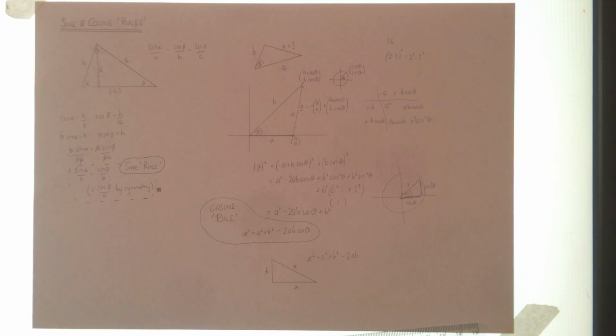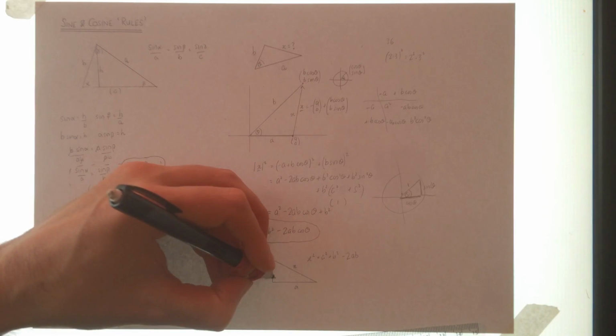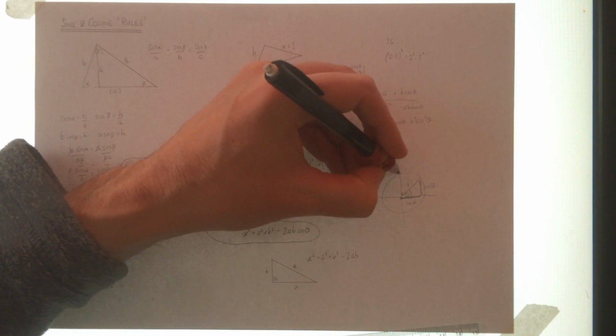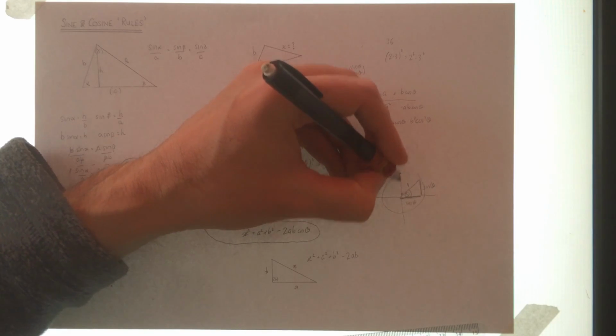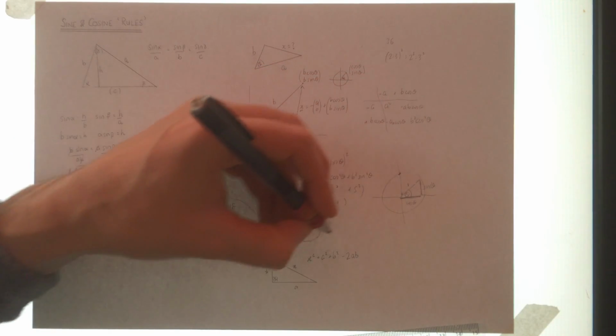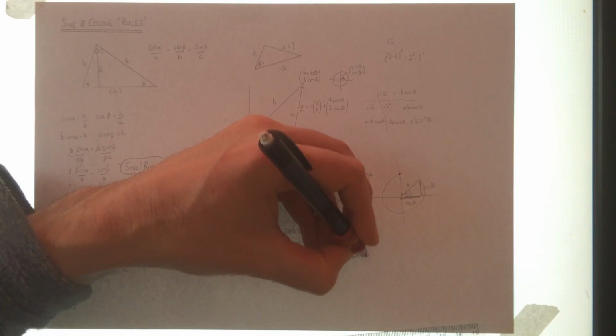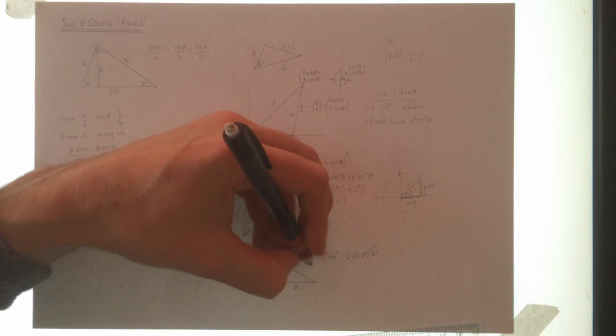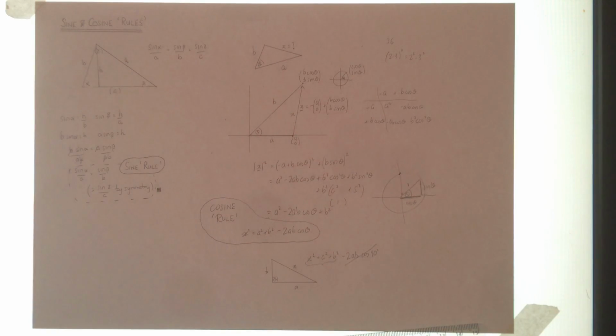Well, what's cos of 90 degrees? There's our theta, which is a right angle. Cos of 90 degrees, when we are 90 degrees around the circle, what's the x component? It's 0. So cos 90 degrees is 0, and that disappears, and it leaves us with Pythagoras. Which of course it should.